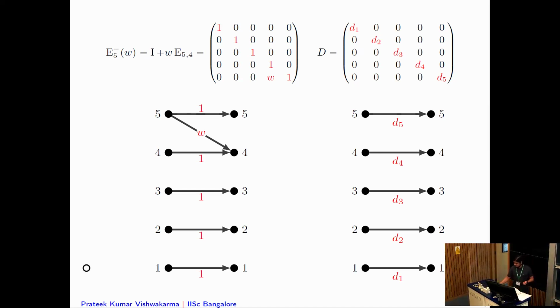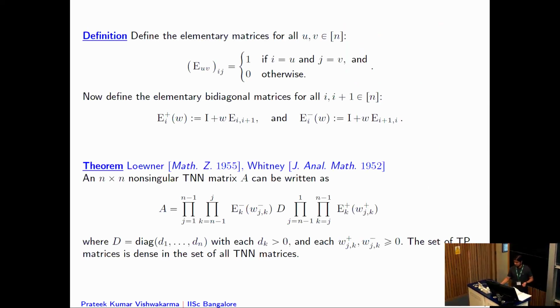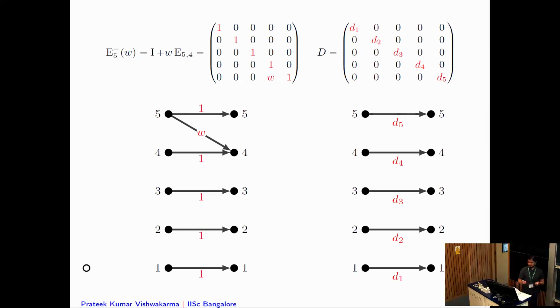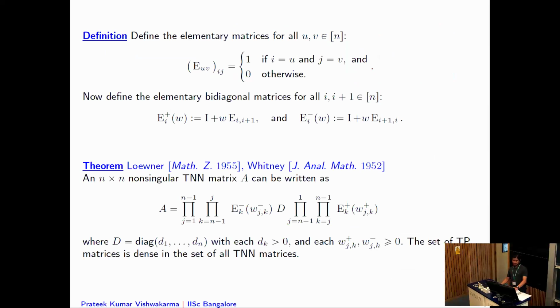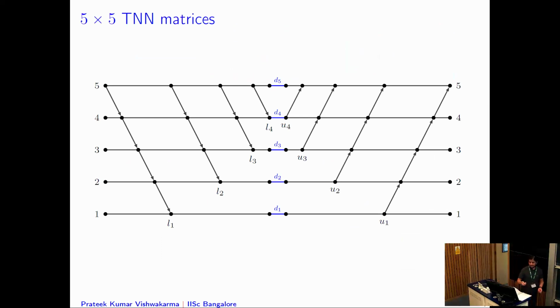Once we have the planar networks corresponding to each of these factors, using the Cauchy-Binet formula, we can simply concatenate these elementary planar networks to construct the planar network corresponding to matrix A. We have to be careful to concatenate these planar networks in the same order as the factors appear in the matrix A. For example, the planar network for 5 by 5 totally non-negative matrices would look something like this.